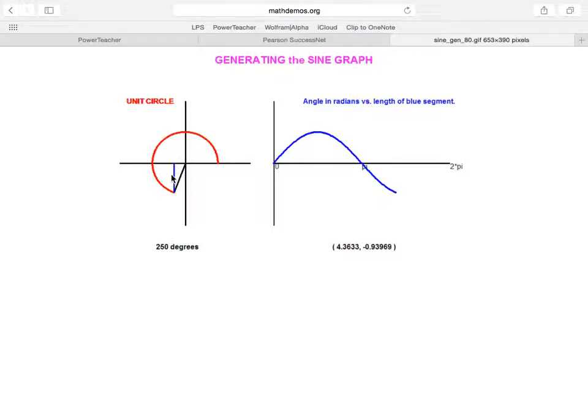And then it starts getting longer towards downward, and when it hits the y-axis, it starts getting shorter.